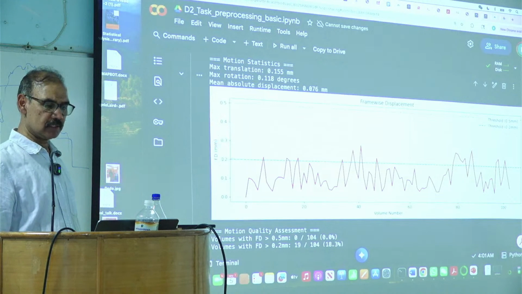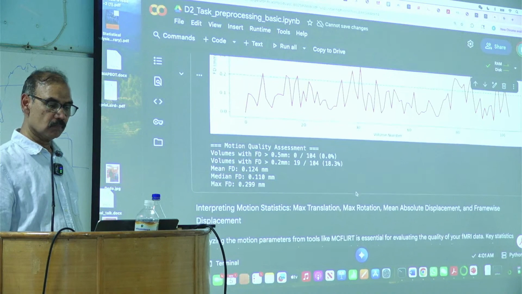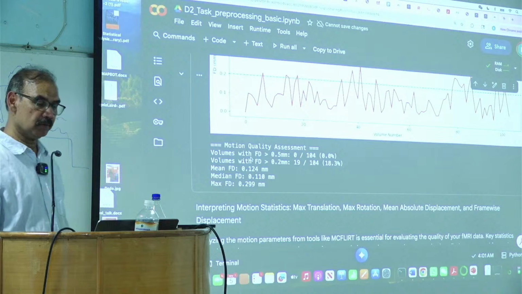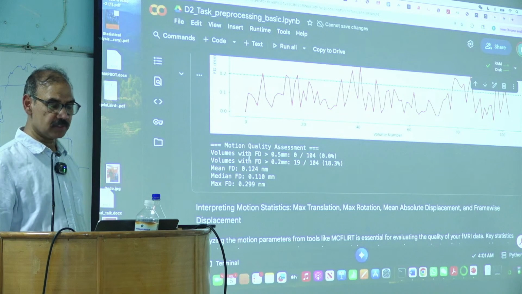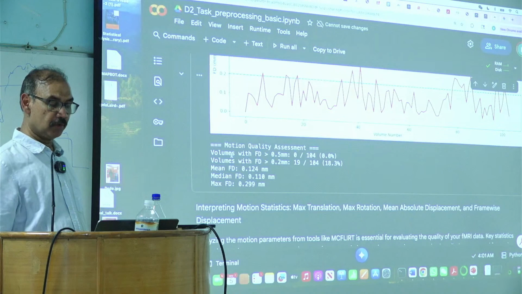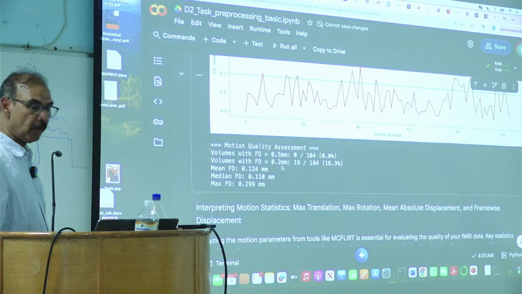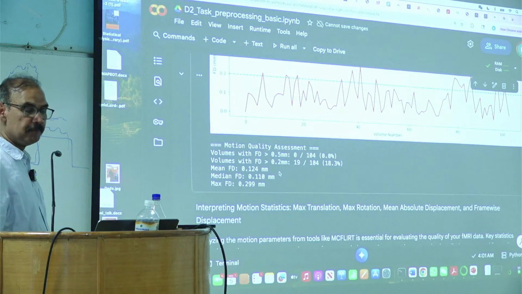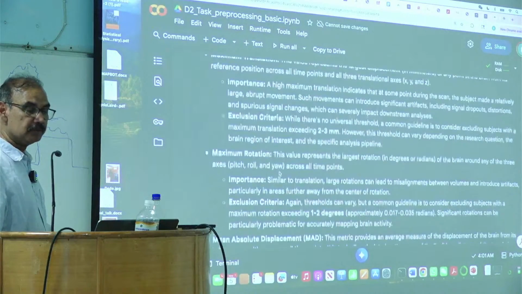So this is the frame-wise displacement of 0.2. And this one tells you how many voxels or how many time points have greater than 0.5, how many have greater than 0.2, and so on. So the motion parameter on this subject is very good.